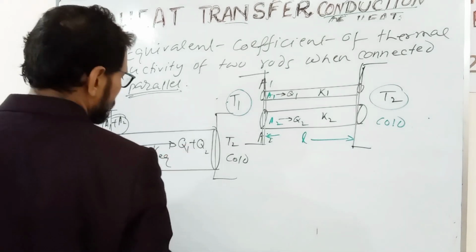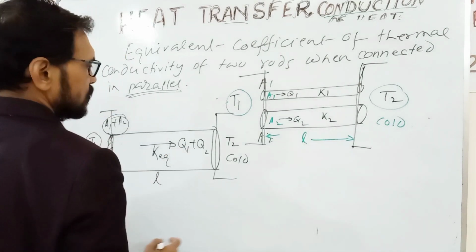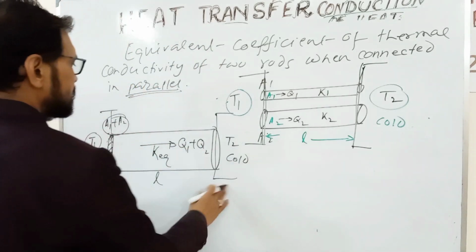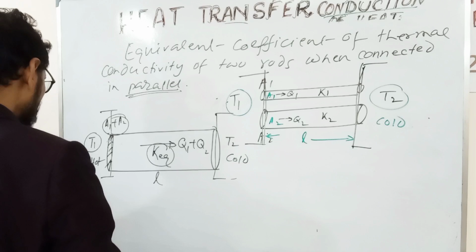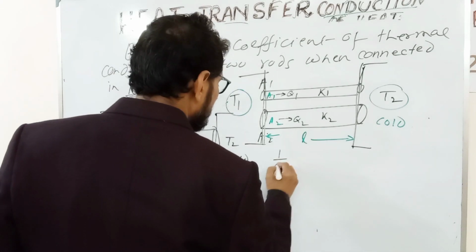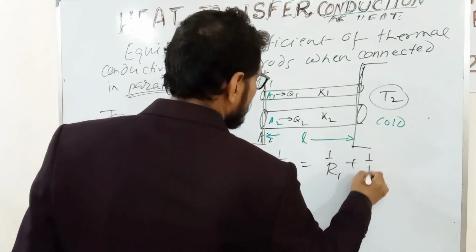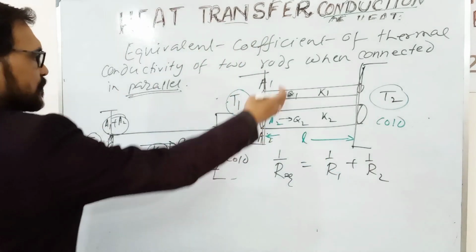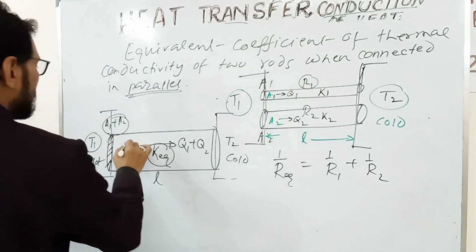So what is the value of Q1 plus Q2? Now we find this equivalent conductivity K equivalent by the formula 1 by R equivalent equals 1 by R1 plus 1 by R2. As this is parallel, suppose this resistance is R1, this resistance is R2, this is R equivalent.